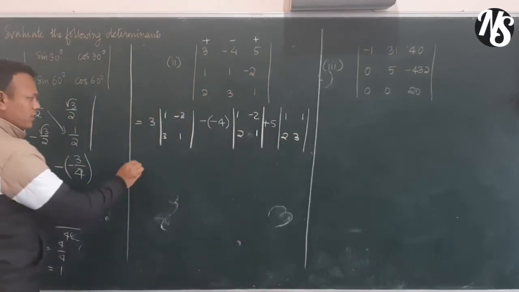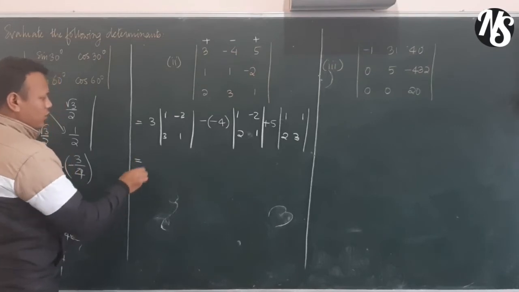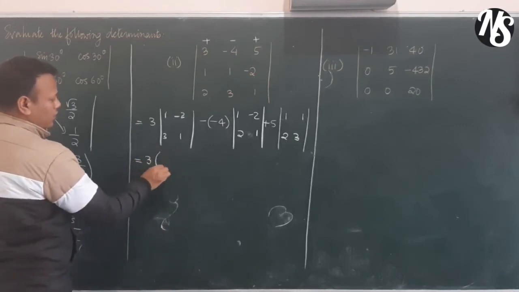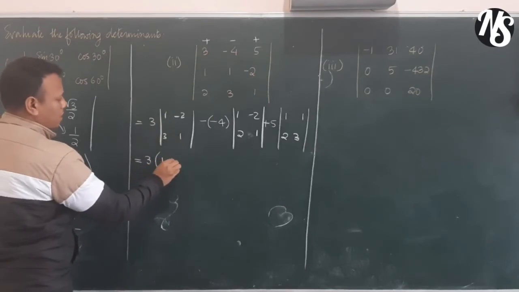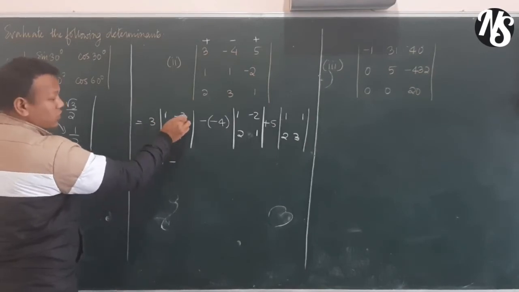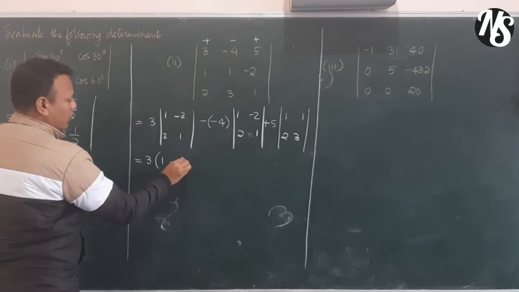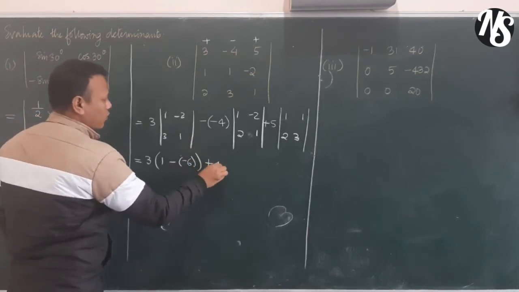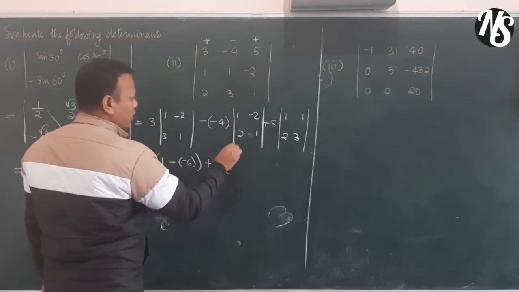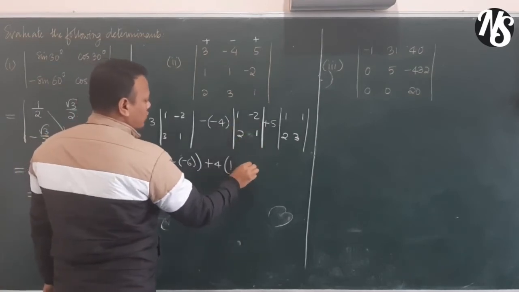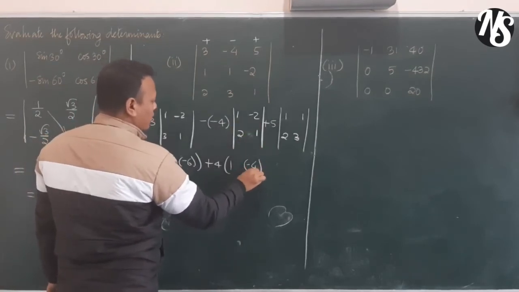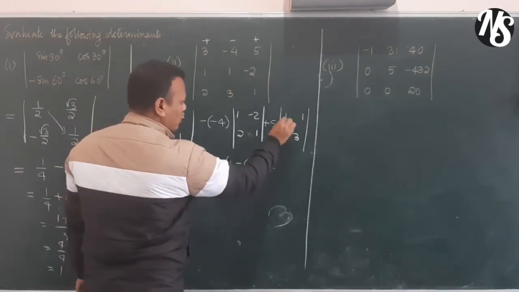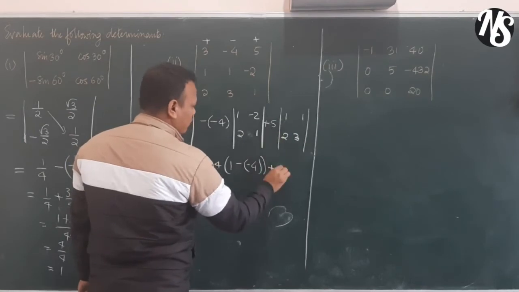Now next is very simple, you just need to evaluate. So let's multiply. 1 into 1 is 1, minus 2 into minus 2 is minus 6, so we have minus 6, minus into minus becomes plus 4. So 1 into 1 is 1, 2 into minus 2 is minus 4, but we have to write the minus sign here. Plus 5 is also there.